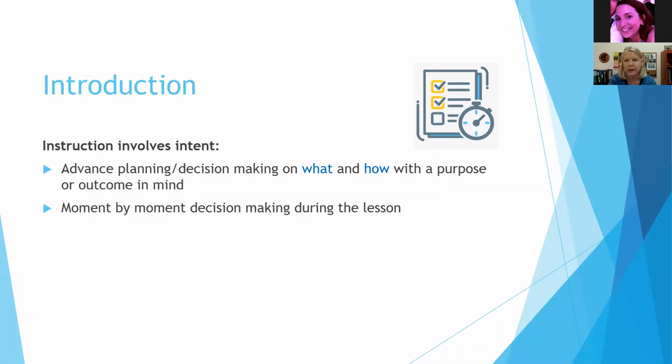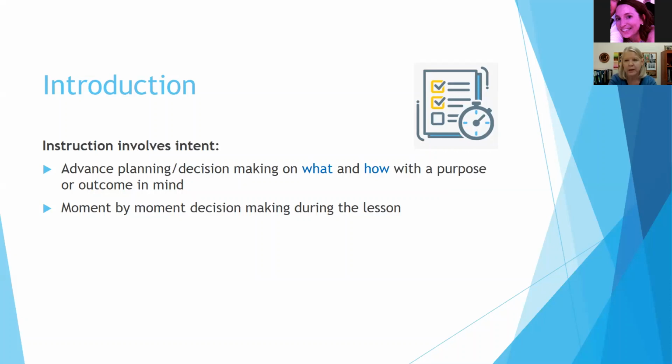So we can have a wonderful plan, but then we have these things that happen and we respond to them. But what I've noticed is that when I'm in a classroom observing or thinking about my own instruction, I realize that there's a message there.